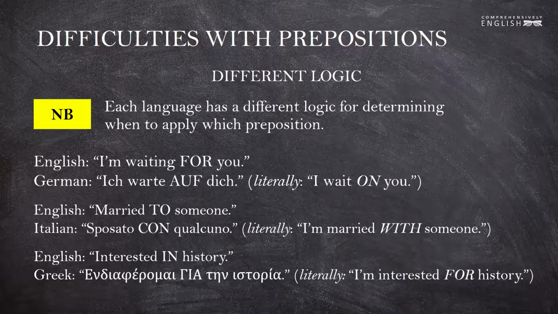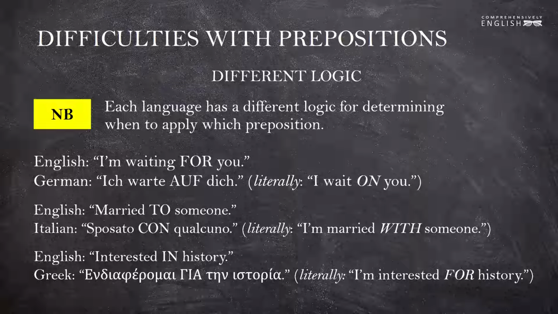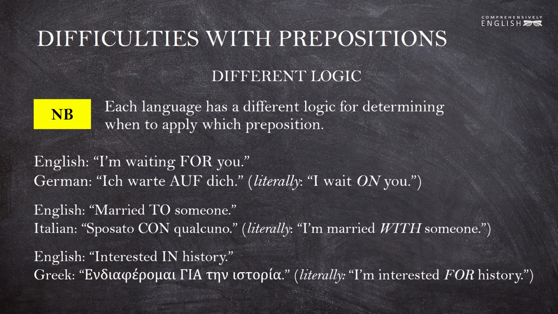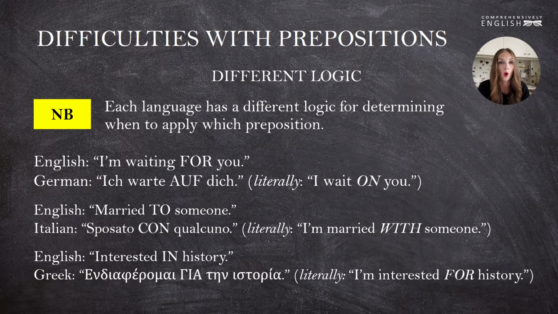As you might see, looking at these examples, the logic that each of these languages follows is different from English. You just have to memorize what prepositions a verb is used with. Usually it's one particular preposition. For instance, in English we say laugh at somebody.